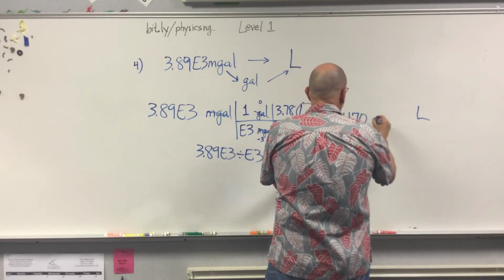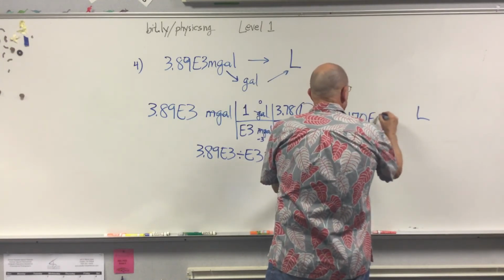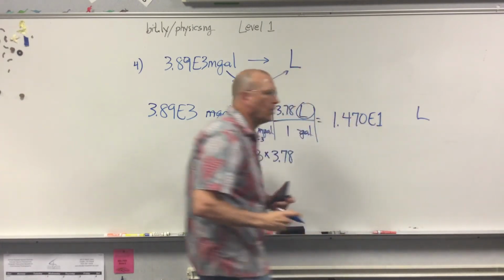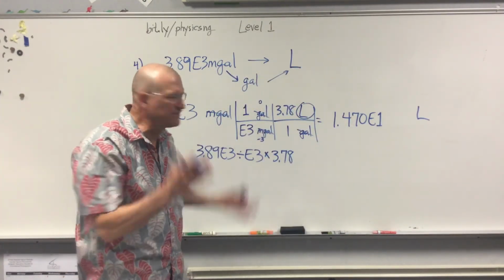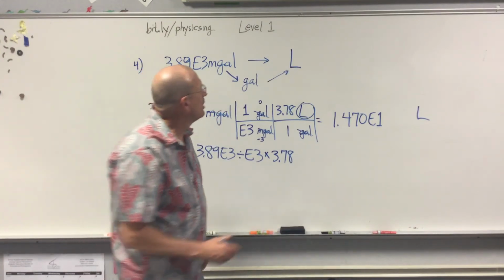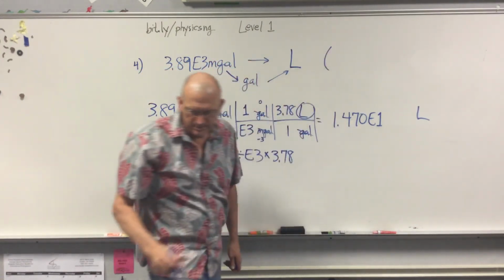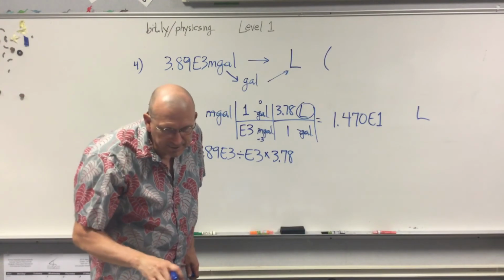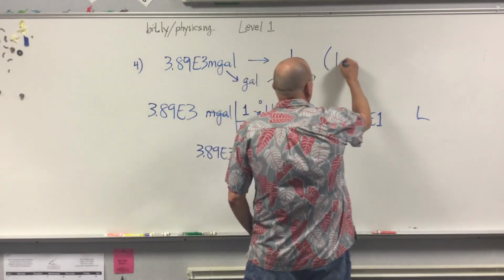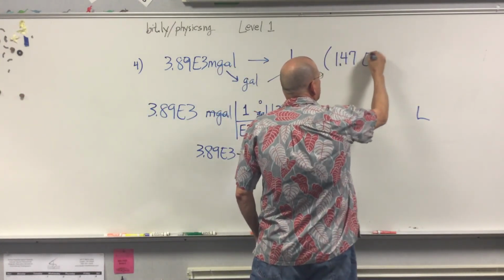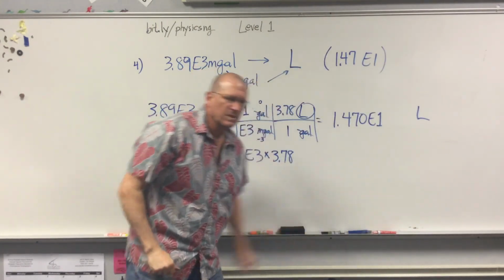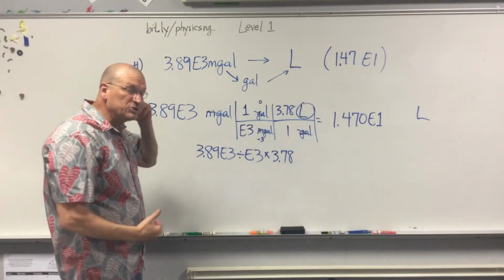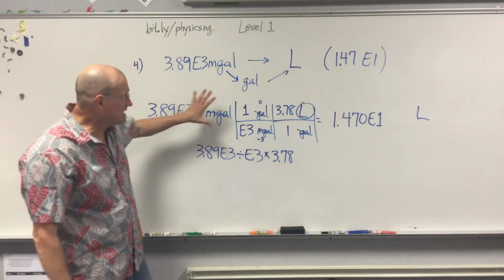If we went one more, we would show a 0, and this would be E1. And if you wanted to represent this as 14.70, I'm fine with that. On the worksheet, you would see 1.47 E1.